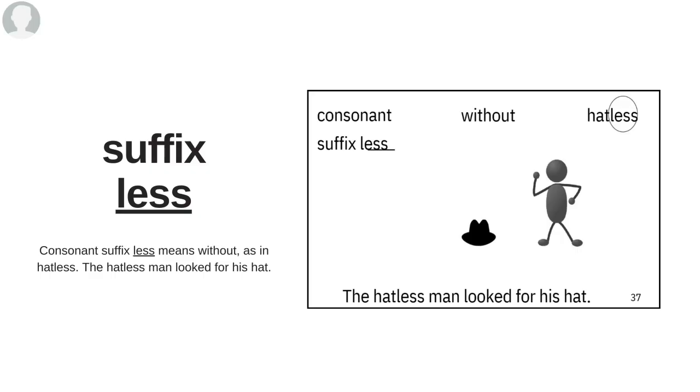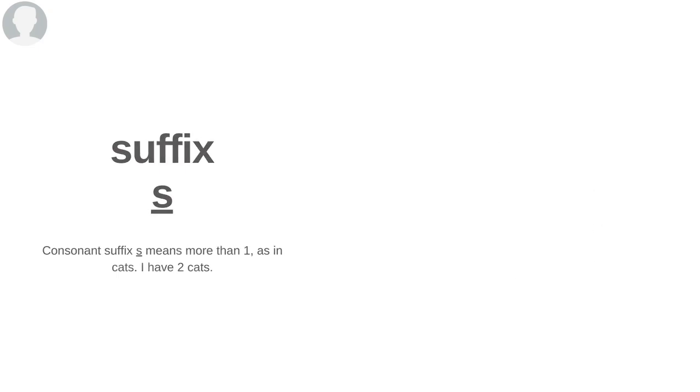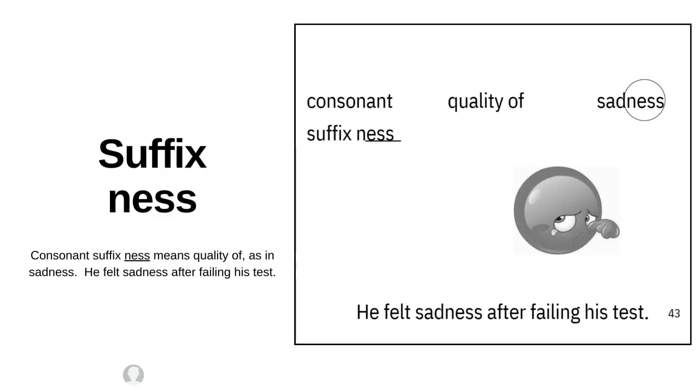The hatless man looked for his hat. Suffix s. Consonant suffix s means more than one, as in cats. I have two cats. Consonant suffix ness means quality of, as in sadness. He felt sadness after failing his test.